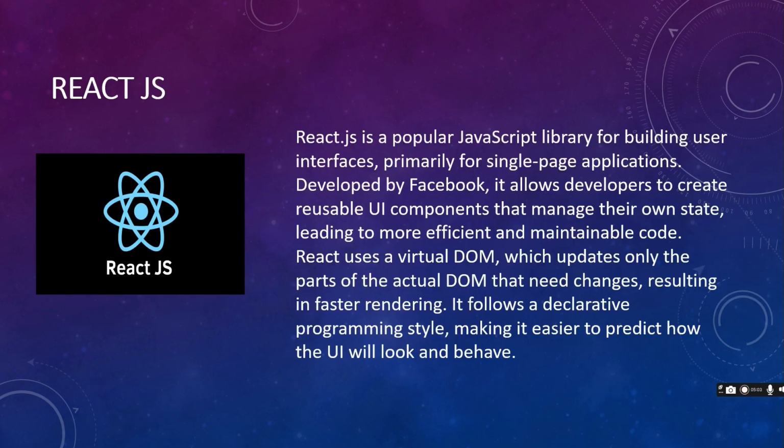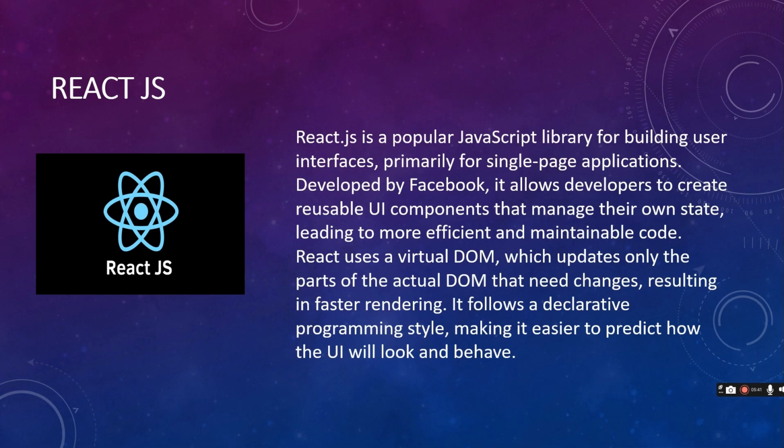Now let's move in. First, React.js. Let's get some information about React.js. React.js is a popular JavaScript library for building user interfaces, primarily for single page applications. MERN is very popular because we can use JavaScript for both front end and back end, which reduces our burden of learning different languages for the front end and back end.